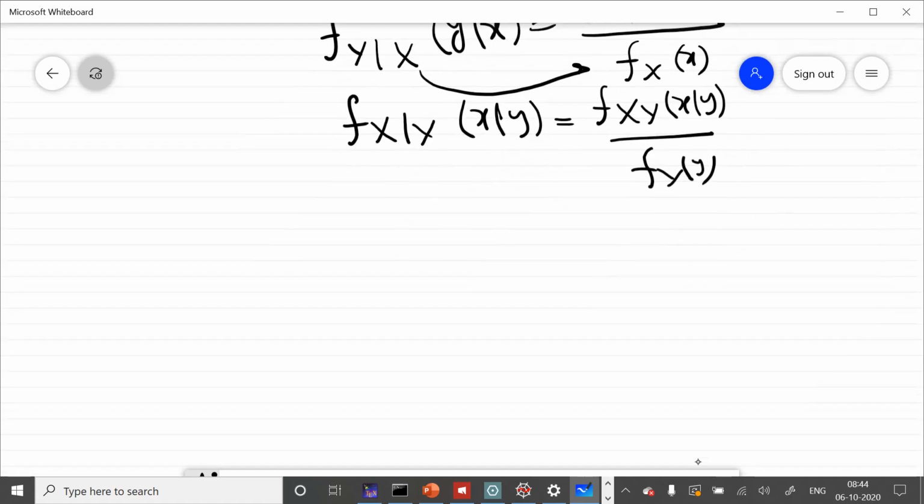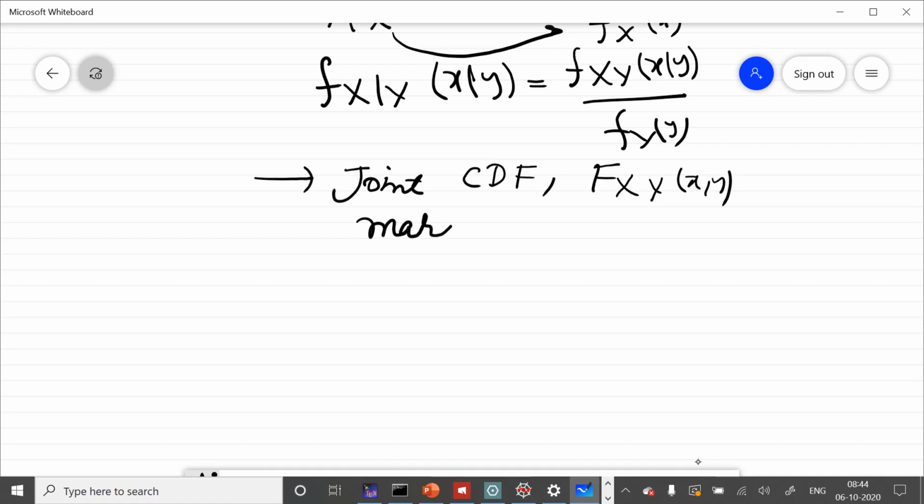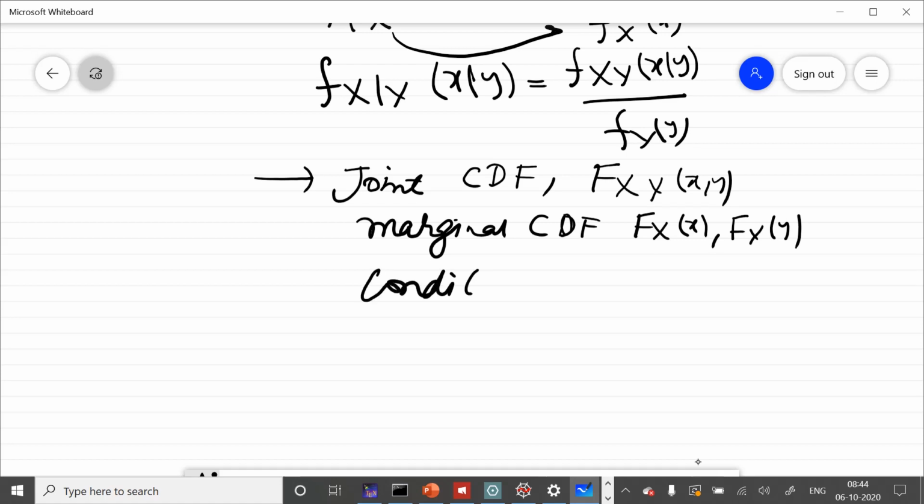Now similarly, if you are given a joint CDF, that is capital F_XY of x, y, and you are given the marginal CDFs F_X of x, F_Y of y, you can define the conditional CDF.